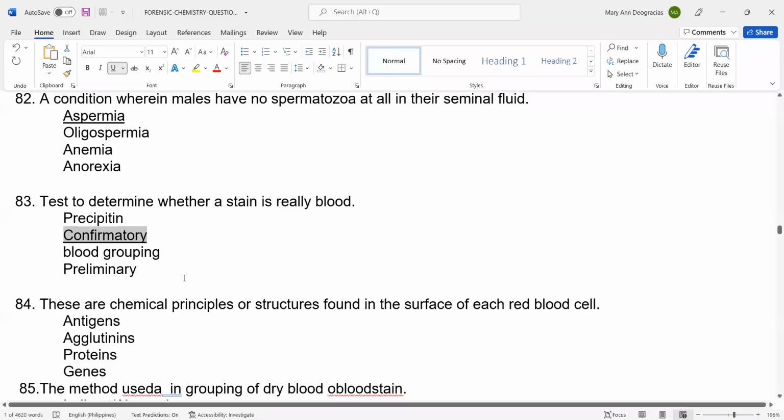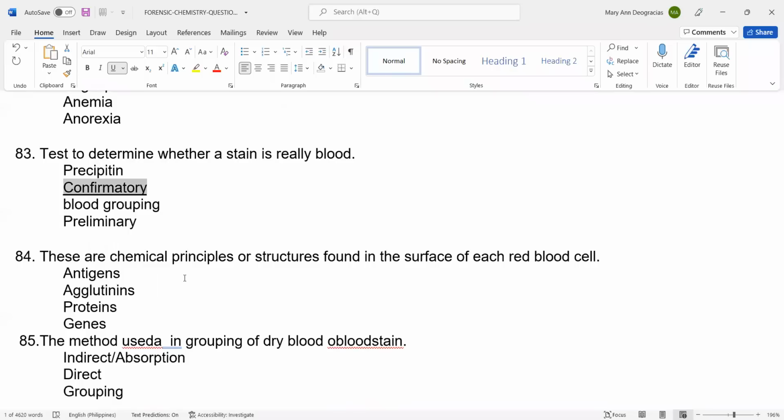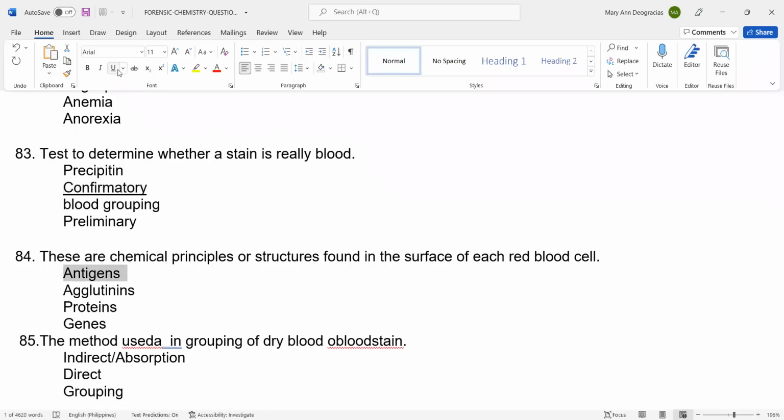Number 84, these are chemical principles or structures in the surface of each red blood cells. Sagot. Okay, antigens ang sagot dyan. Agglutinins are found in the serum.